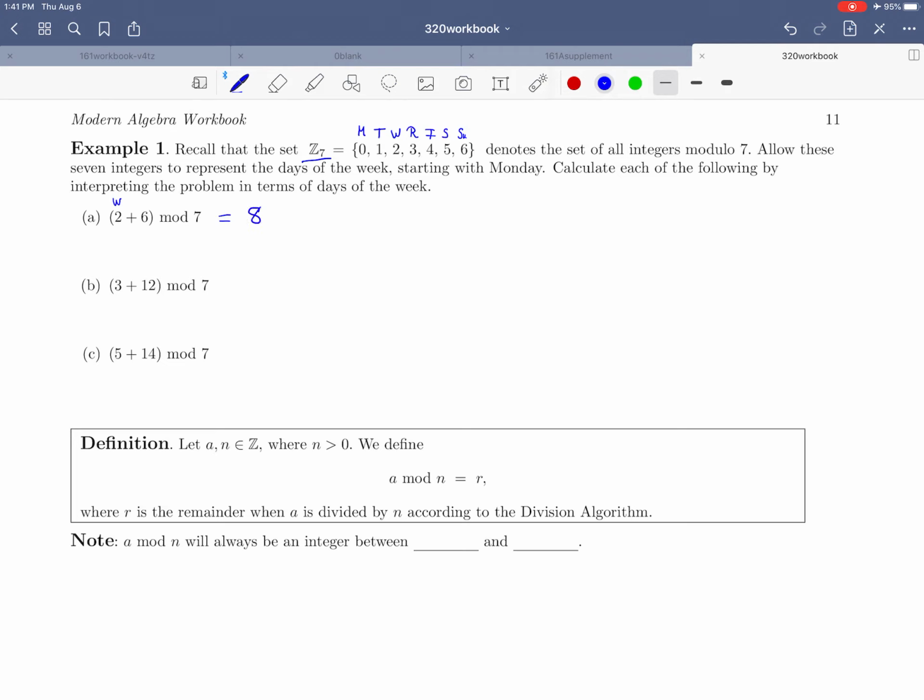So 8, that's 2 plus 6 in normal arithmetic, mod 7 is equal to Tuesday, which is 1. So that represents Tuesday.